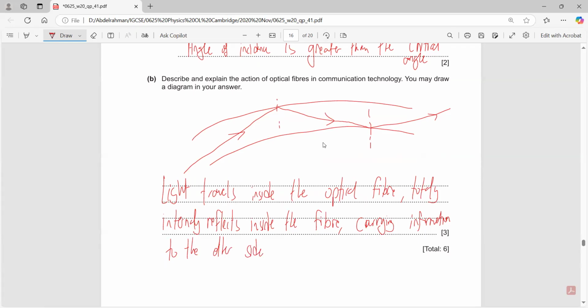It's all about total internal reflection. Carrying information, carrying data, whatever.